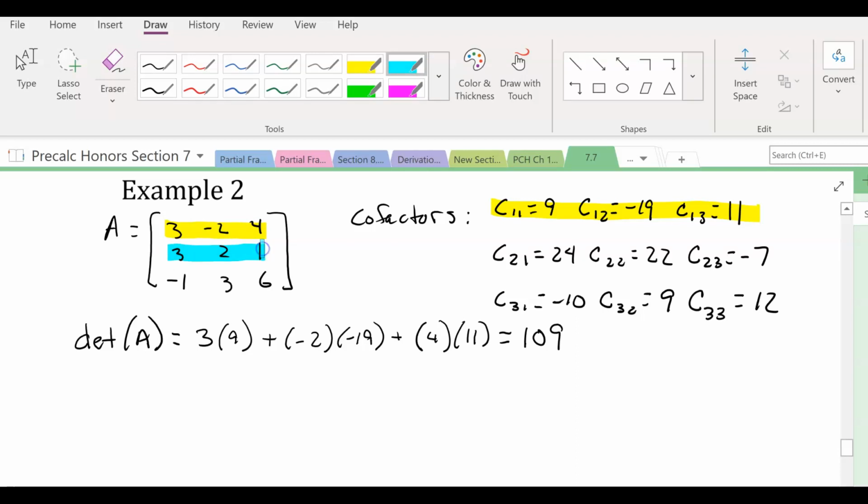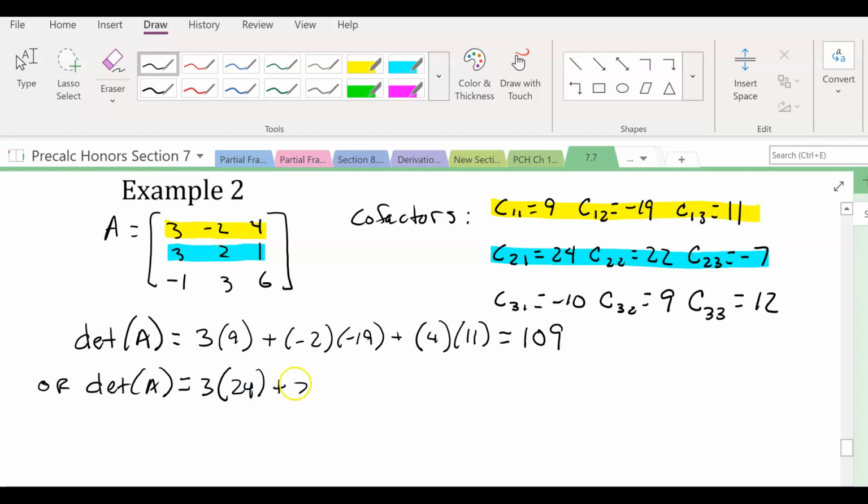So let's do the same thing with the second row for the determinant of matrix A. The second row is 3 times 24 plus 2 times 22 plus 1 times negative 7, and if we calculate that, we will also get 109.